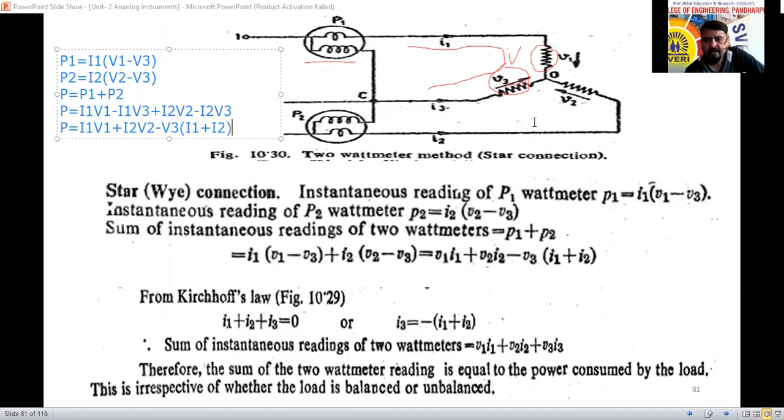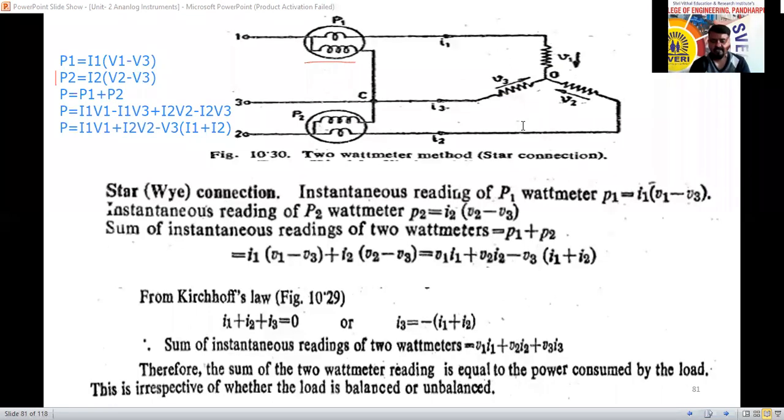See here, at this point O, the current I1 is coming towards O, I2 is also coming towards O, and I3 is also coming towards O. According to Kirchhoff's current law, the currents meeting at a junction sum to 0.